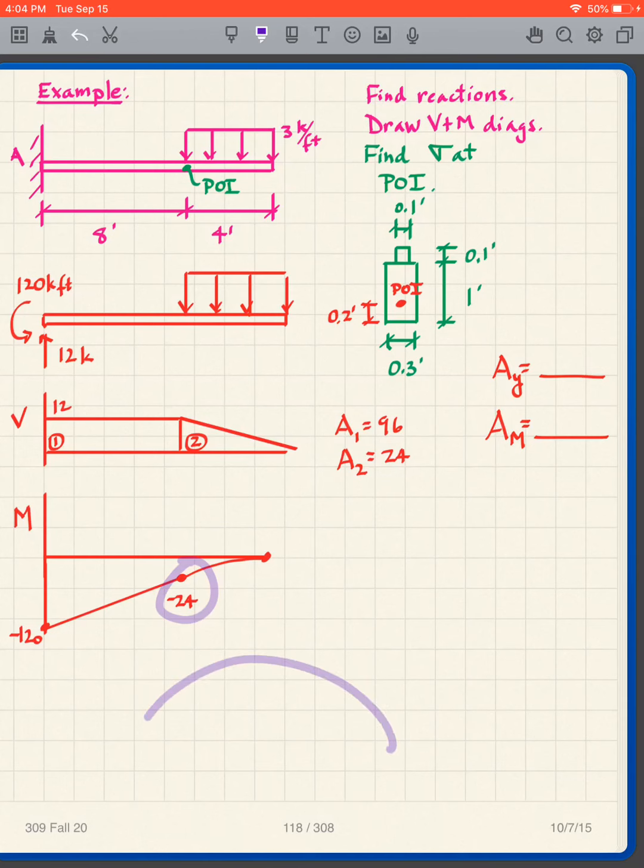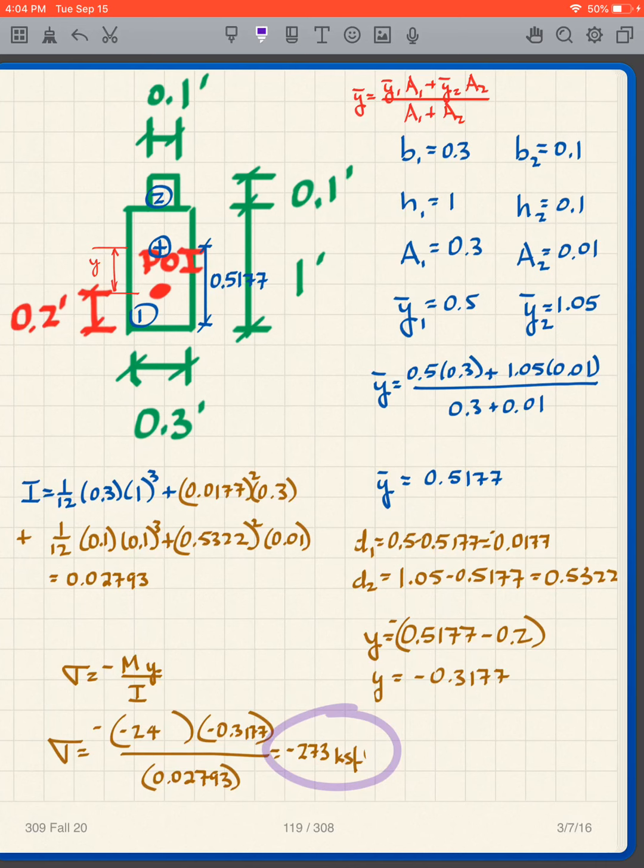Negative moment, again, is our SAD, however you want to look at it. And therefore, I have compression at the bottom. I have tension at the top. My point of interest is below the centroid, meaning it's going to be in compression. So I should end up with a negative number for my sigma. And I do. So that's a check on it.